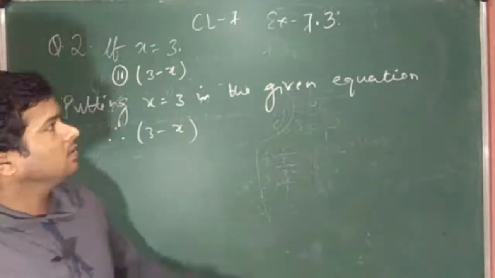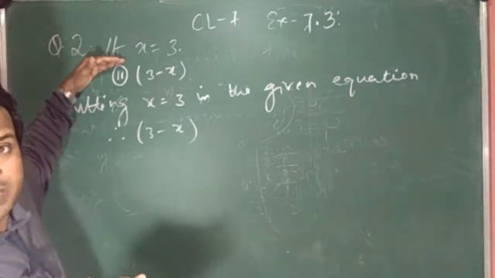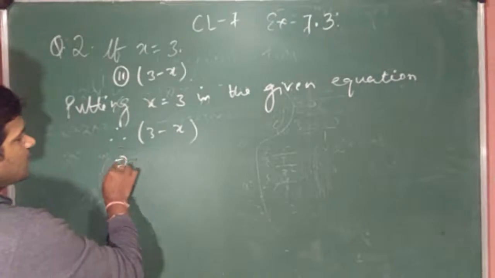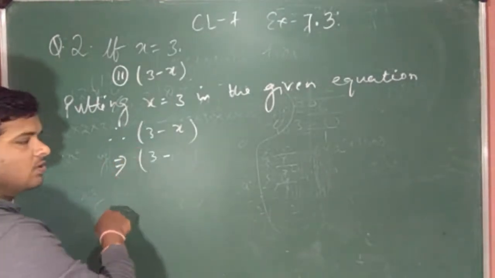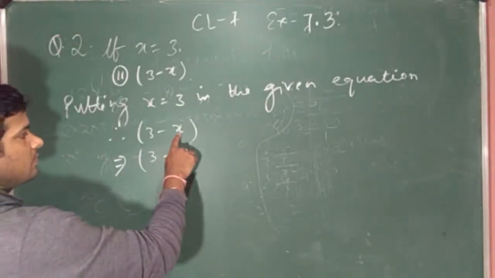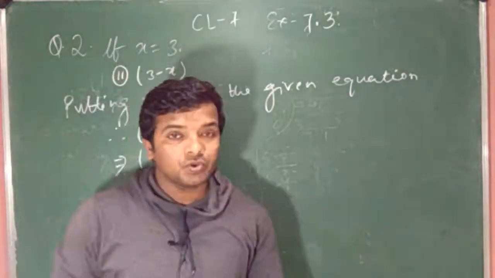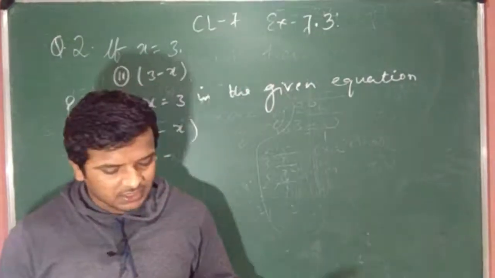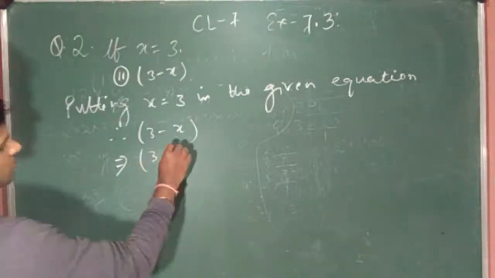This one is common for all the questions. Whether you write the bracket or not, it is correct. Our x is 3. In question number 2, for all the Romans, in place of x we are going to write 3, 3, 3 and only 3. So here also 3.